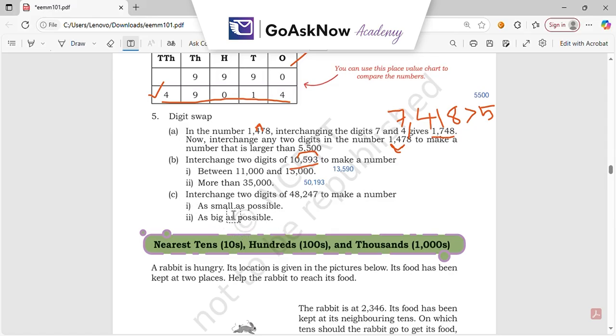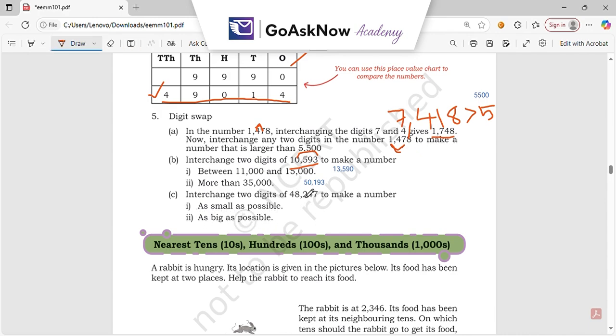Now part C, interchange two digits of 48,247 to make a number as small as possible. We have to interchange two digits only.